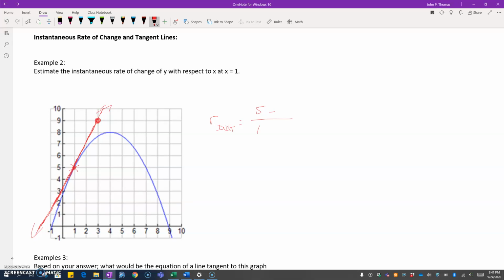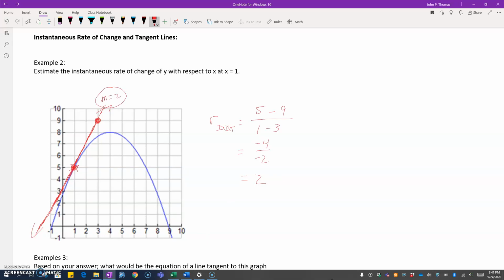So that's at 3, 9. So we're going to have 9 on top and 3 on bottom. If I subtract those, I've got negative 4 on top, negative 2 on bottom, which is going to be a positive 2. So the instantaneous rate of change, which is also the slope of the tangent line, or later we'll learn as the derivative, at this point is going to be 2. So the slope of this line is 2.